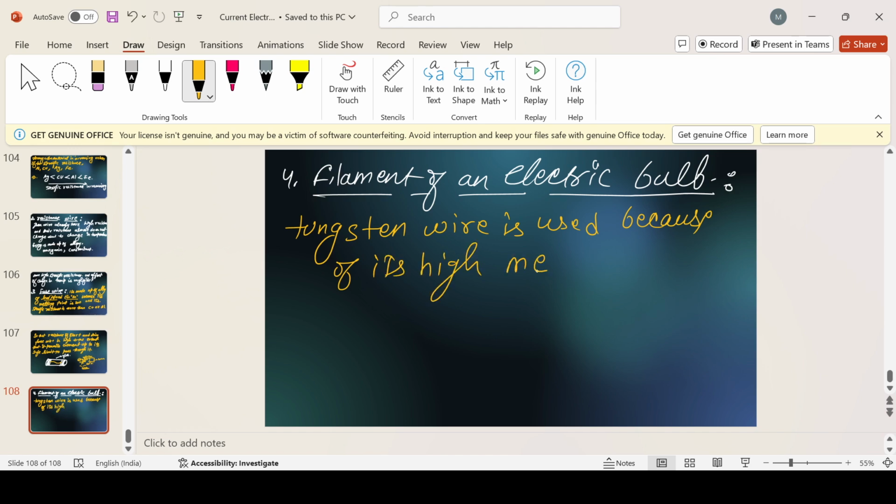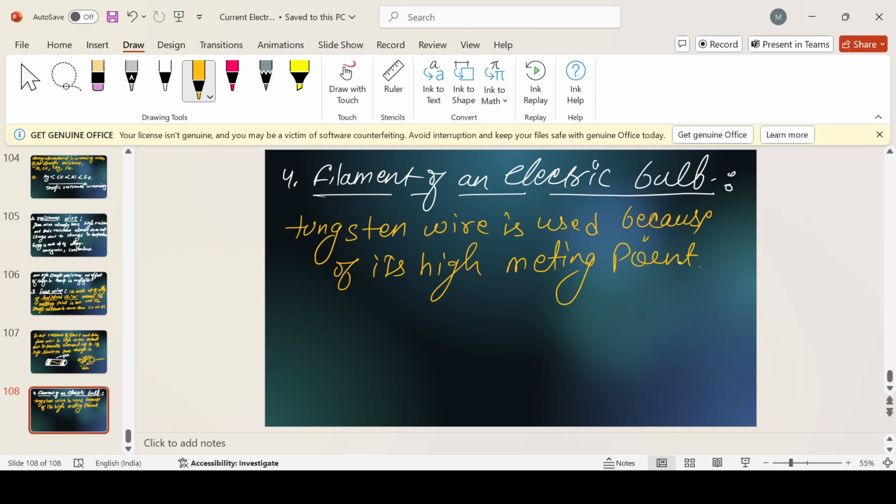Now it has a high melting point because when lots of current is passed through it, its temperature starts to increase, due to which it becomes red hot and starts to glow in the evacuated chamber, that is the bulb's glass casing, so it won't get oxidized and won't break down. That's why we have covered it with the glass chamber.